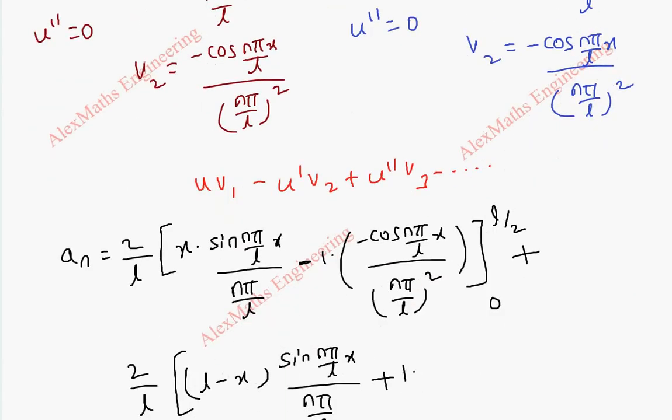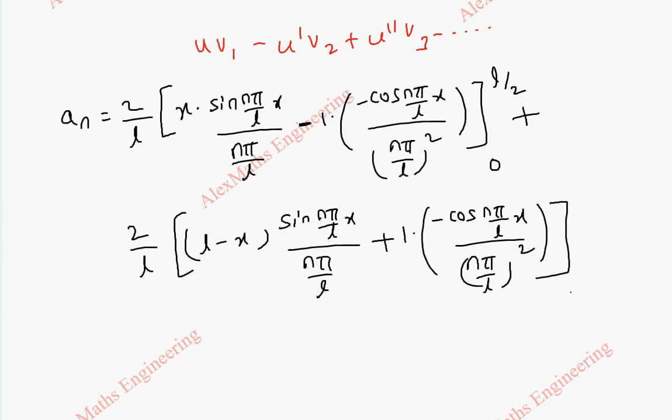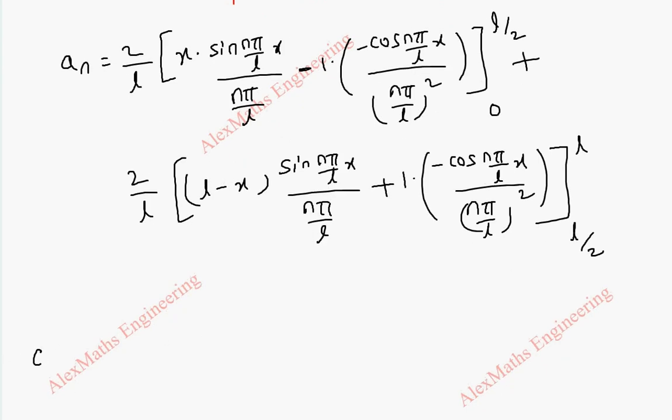Then v2 is minus cos n pi by L x by n pi by L whole square. We have limit from L by 2 till L. Now let's take an equal to 2 by L, and we have to substitute the upper limit L by 2 for all these x.